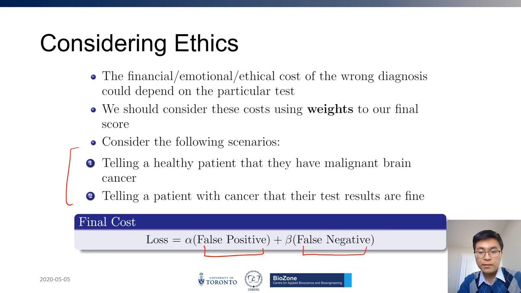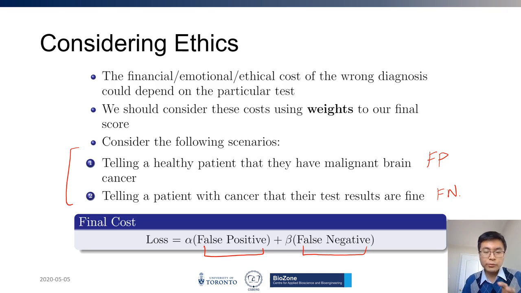So in the first case, this is a false positive, and in the second case, this is a false negative. These two mistakes made by the model clearly have different costs: financial cost, emotional cost, and even cost of human life.